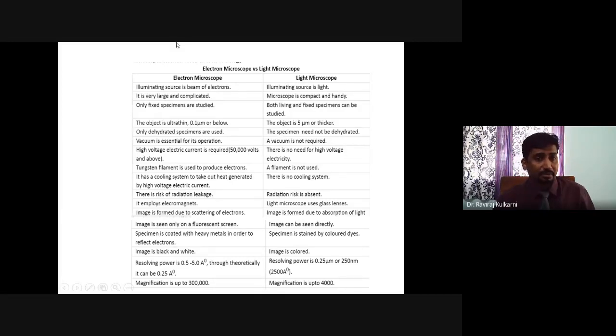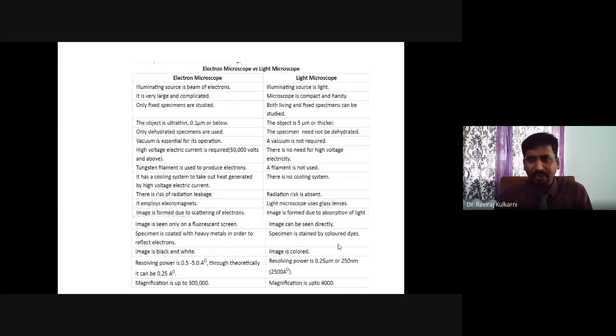Resolving power is 0.5 to 5 angstroms, and it can be up to 0.25 angstroms theoretically. Very high resolving power with electron microscope. Resolving power of light microscope is 250 nanometers or 0.25 micrometer. Below that it cannot see. It cannot resolve.